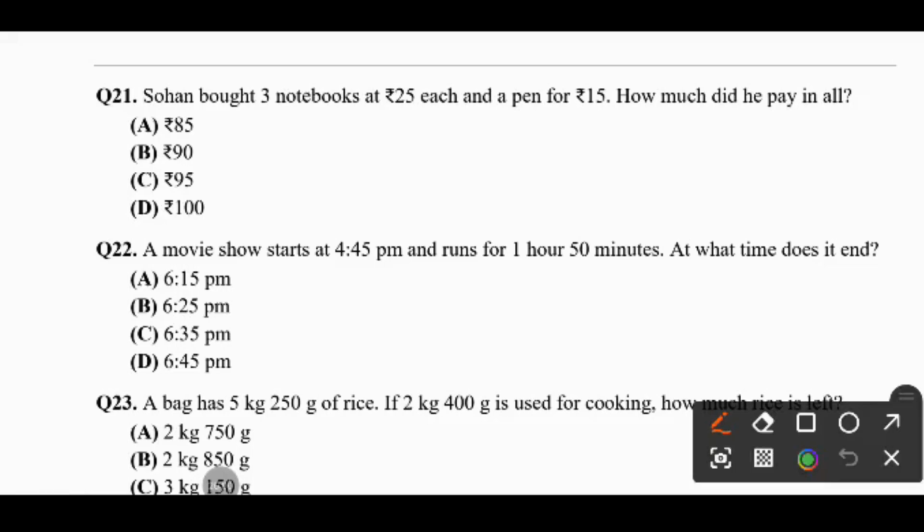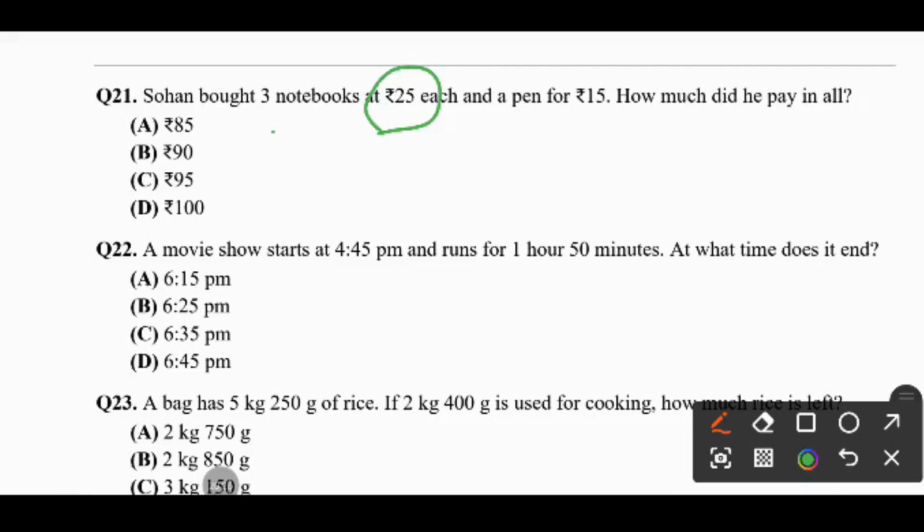Here we know that a boy named Sohan bought three notebooks, and for each one he gave rupees 25. After purchasing the notebooks, he purchased a pen for rupees 15. First we find out how much he paid for the books.